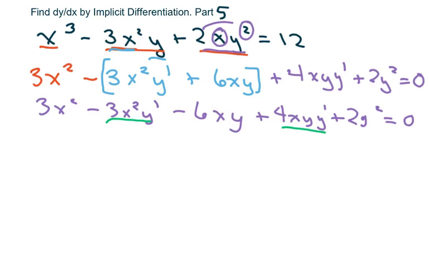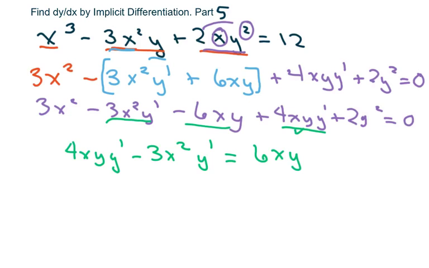So I'm going to write them first. That's going to be 4xy times the derivative of y minus 3x squared times the derivative of y. And I'm going to move the rest of the terms over. That's going to be 6xy, just changing signs, and then minus 2y squared.